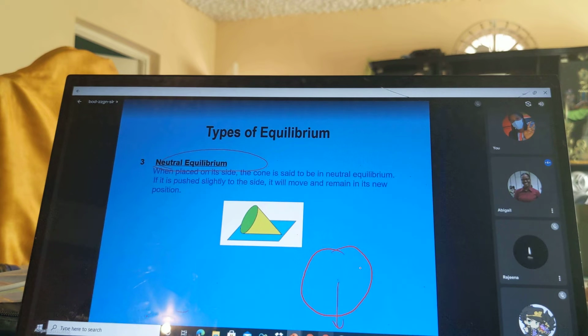Because it's just the same thing. So when they are displaced slightly and they move and remain in their new position, not toppling or dropping over, then we say they are of neutral equilibrium.